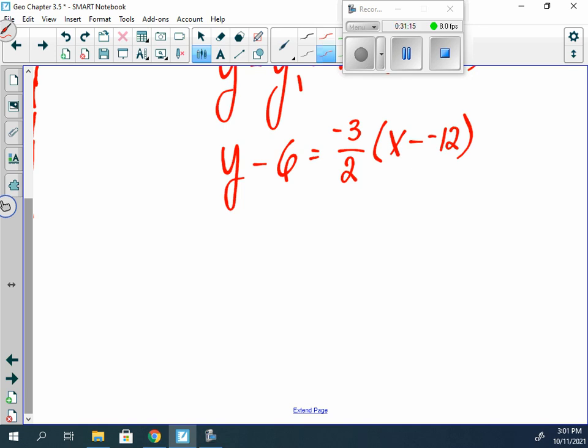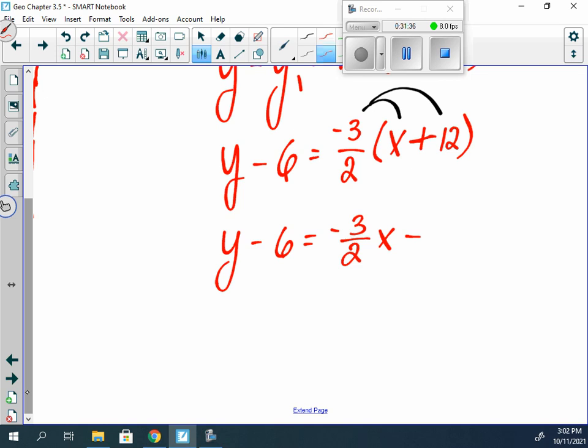Here the negative and negative would make a positive. At this point we can distribute the negative 3/2, which would tell me that I have y minus 6 equals negative 3/2 x. Well, the negative times a positive would be a negative.